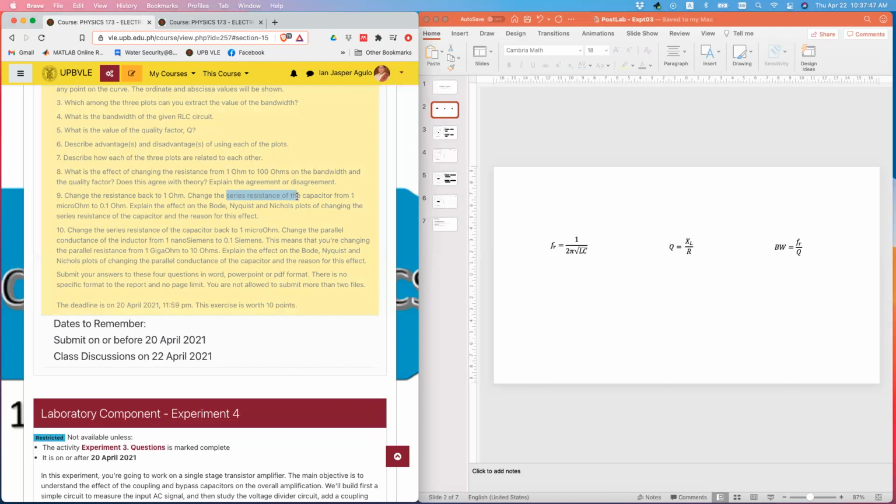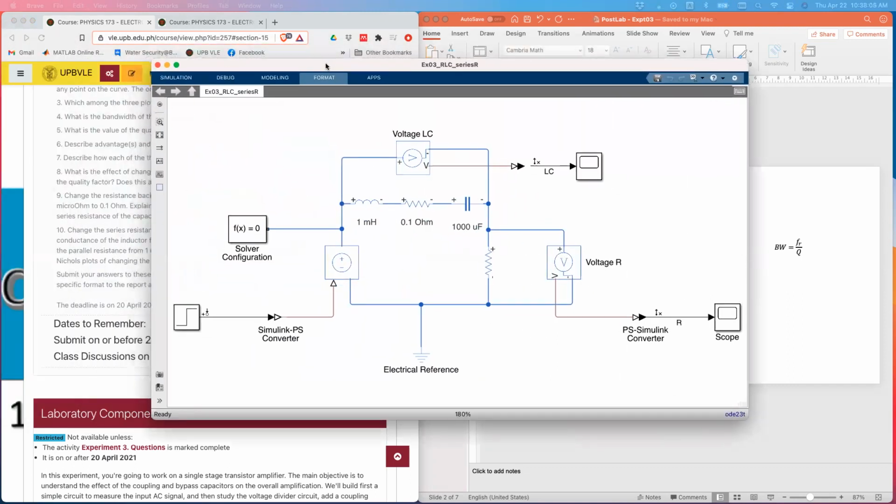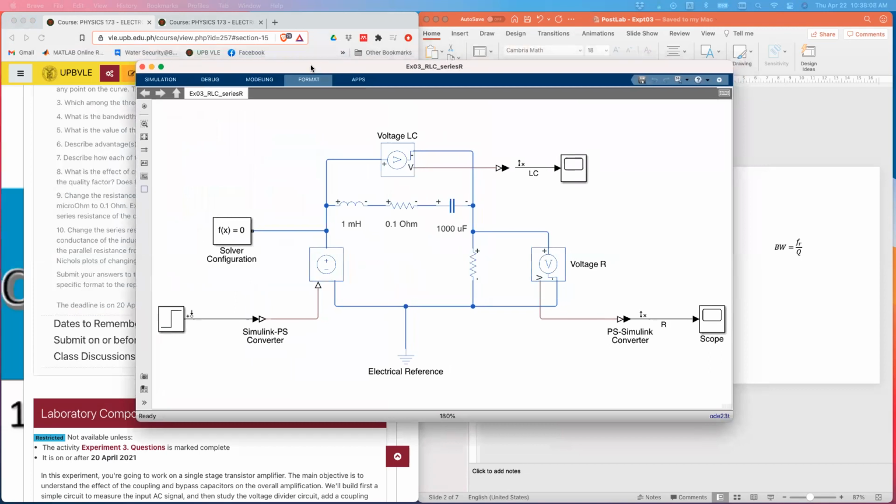Yun yung model dito, or yun yung sinasabi ng series resistance dito. So how do we model yung series resistance na yun? Yung series resistance is modeled by adding a resistor in series with a capacitor. Okay, so here is how you model the series resistance.